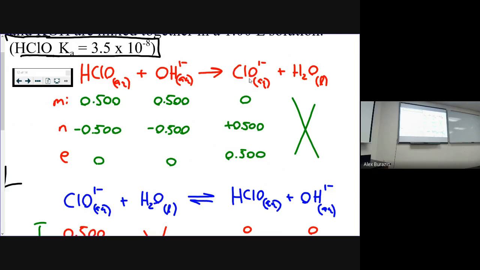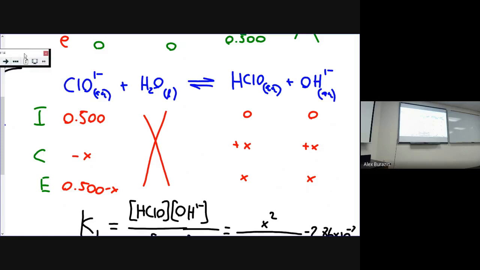This is the only thing in my solution at that point in time, and this will affect the pH. Because it's a weak base, we need to set up an ICE table to solve for its pH. We set up the reaction of that weak base and water, and then we set up the ICE table. This is molarity. I have no clue how much of this is going to break apart because it's weak, so I use x.